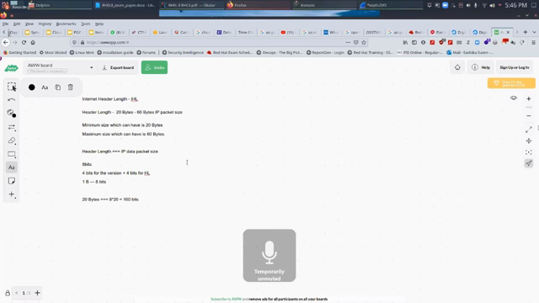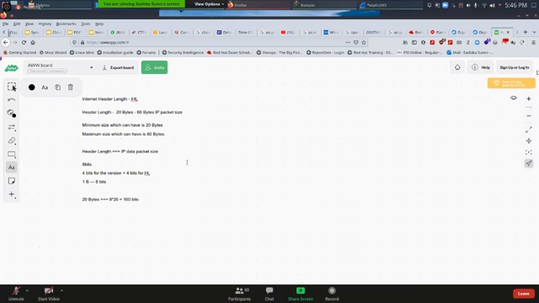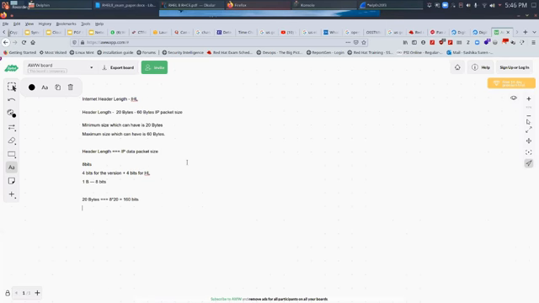Yes, sir. Right. So when you say 160 bits, this is how they are going to use it. They are going to use 4 bits to store the header length.